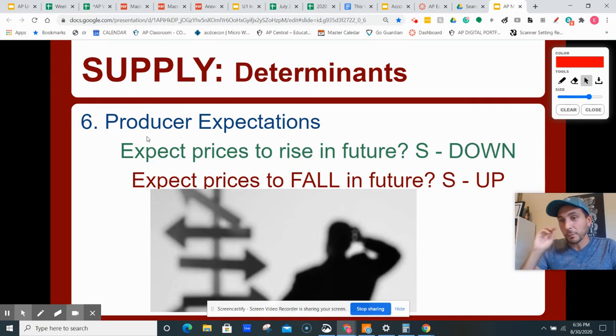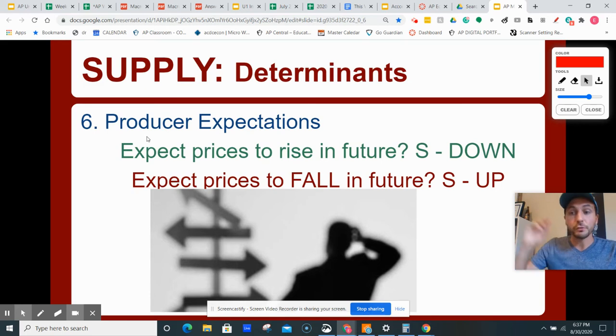If I expect the price to go up in the future, well, I'm going to supply less today because I want to wait to produce the goods to sell them at that higher price in the future. I know I'm going to make more profit in the future. Why would I sell more today? So if I expect prices to rise in the future, I'm going to supply less today.